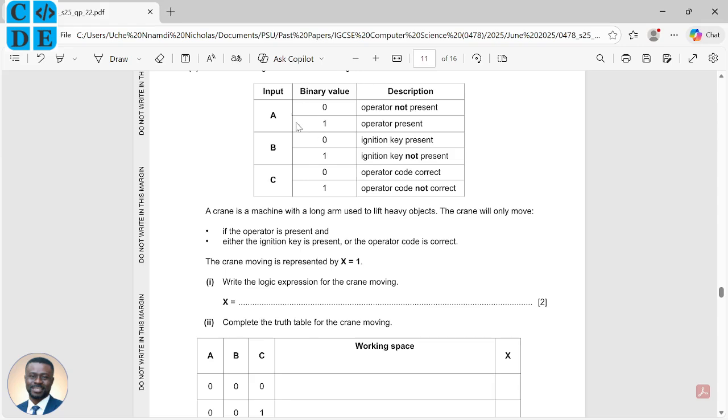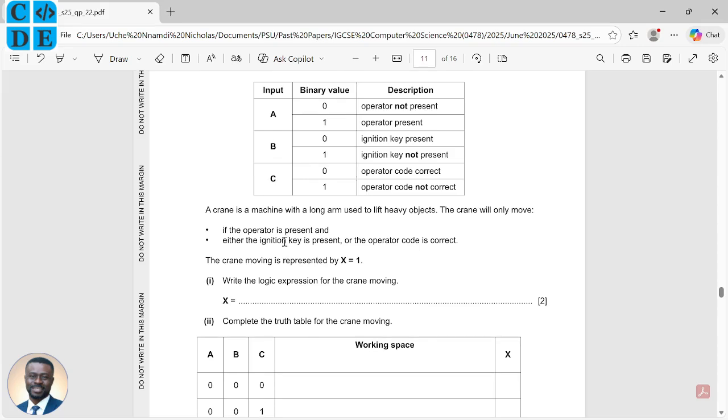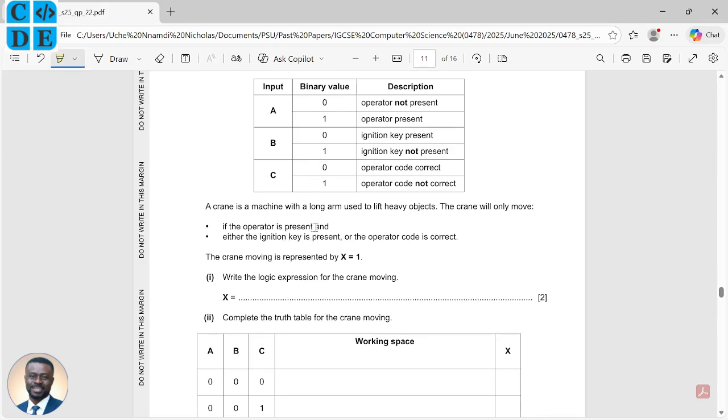Take note that the operator being present is A, the ignition is B, and the operator code is C. We also need to take note of the keywords here, this AND and then this OR.